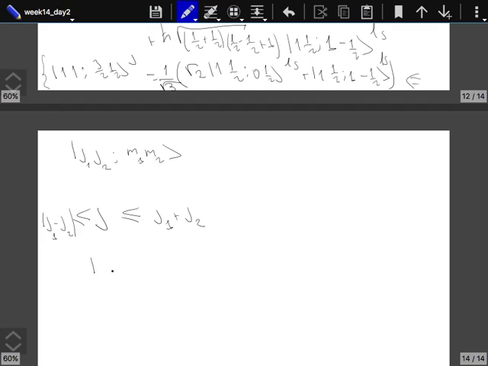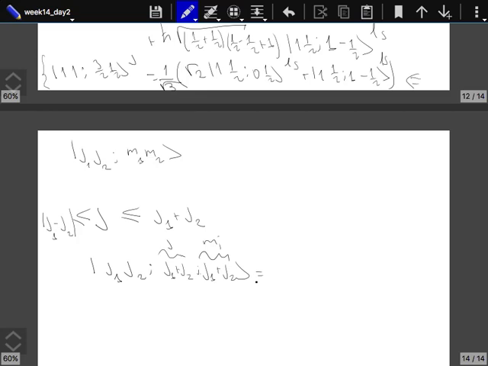And then when you try to construct them, you start with the state J, Mj, let's say J1 plus J2. This is the J value. This is the Mj value. Okay, Mj value is J1 plus J2.